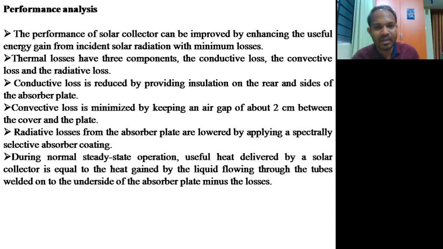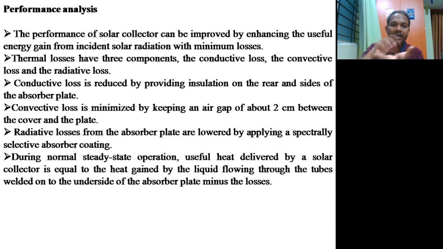Now I'll give you an example. Say, if you're heating water in a vessel made of metal, you're heating the vessel, not the water directly. So the vessel will heat the water. So the heat is transferred from solid to the liquid.